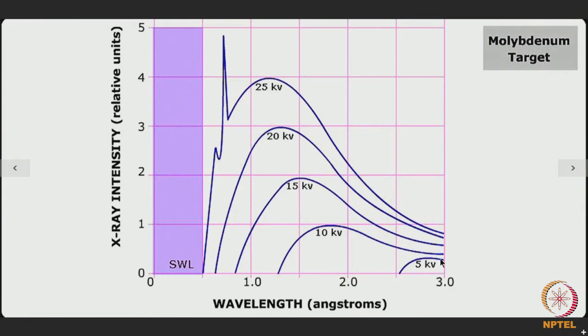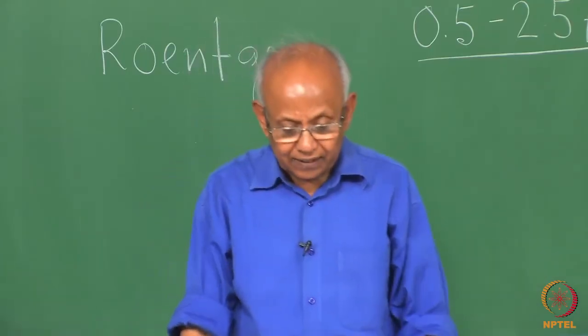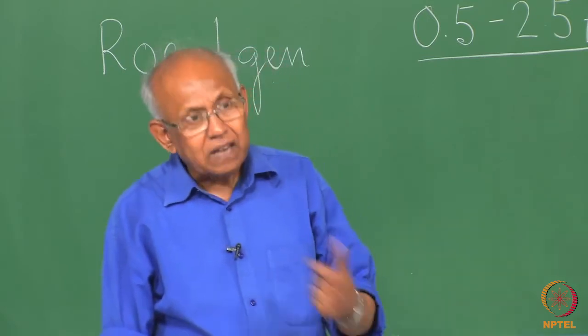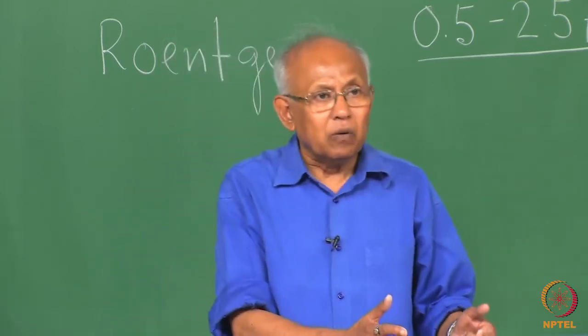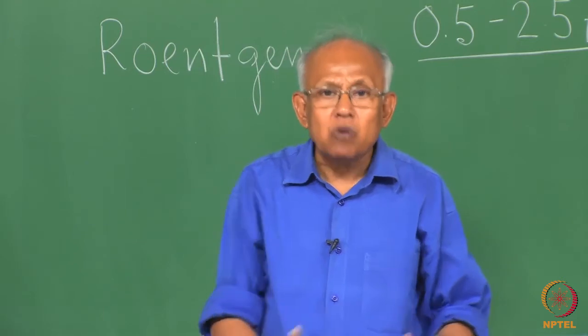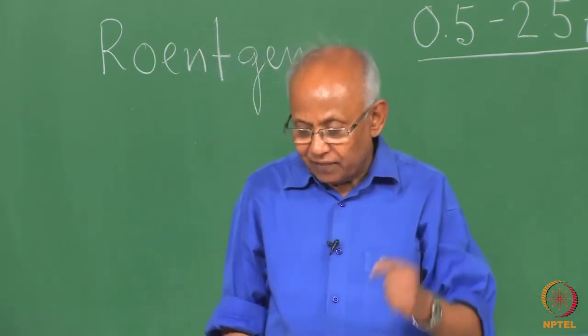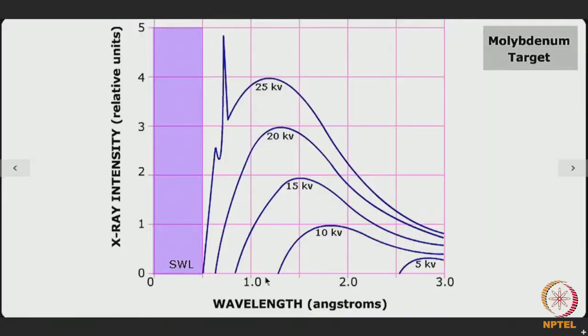Now, let us say we increase the potential to 10 kilovolt, and then again we measure the wavelengths of X-rays coming out of the tube and the intensity of each wavelength, and if we plot intensity versus wavelength, we get a curve of this type.